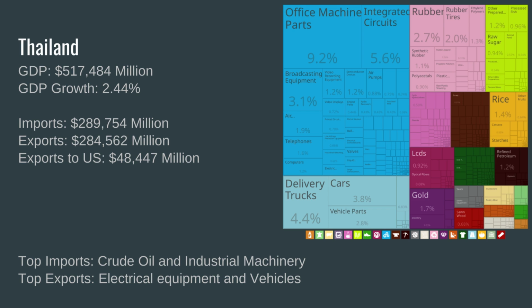They again have significant exports to the US, and the top imports are primarily crude oil and industrial machinery. Top exports are largely in office machine parts, electrical equipment, as well as vehicles.